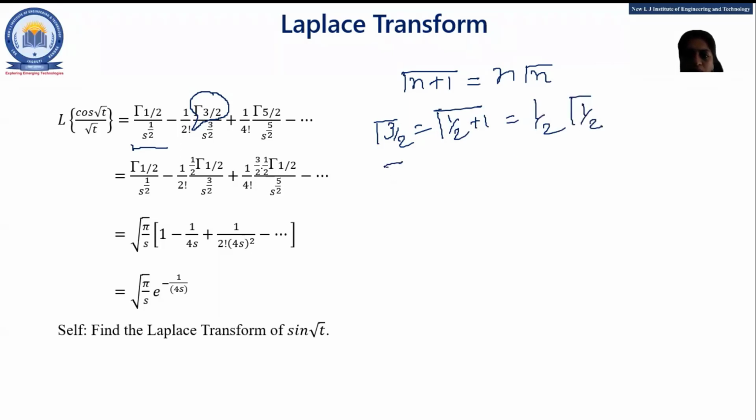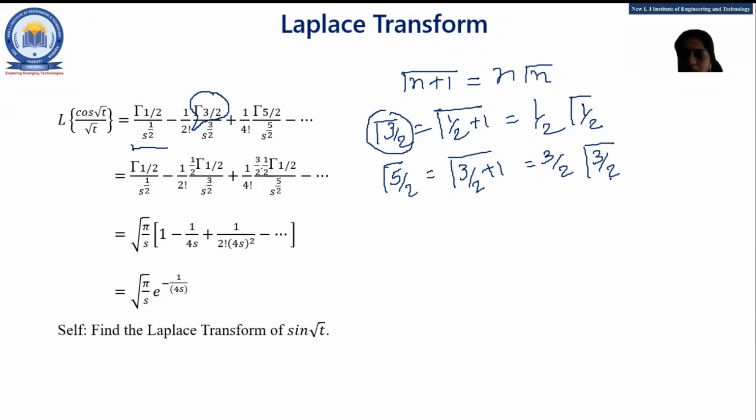Similarly, for gamma 5 by 2, students, gamma 5 by 2 is what? Gamma 3 by 2 plus 1. So that is 3 by 2 gamma 3 by 2, and this gamma 3 by 2 is 1 half gamma 1 half.